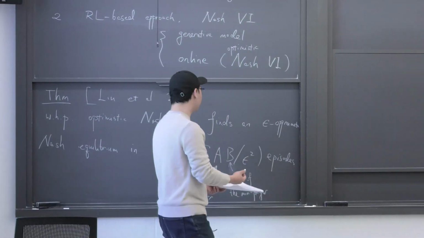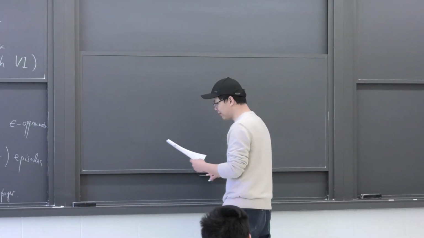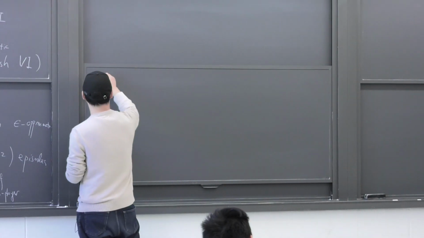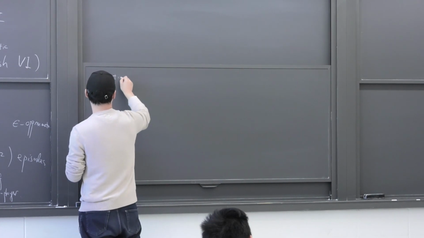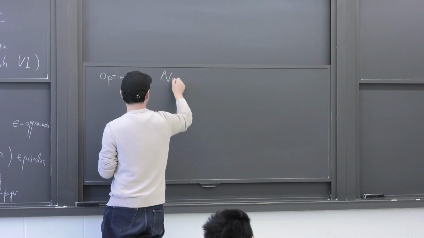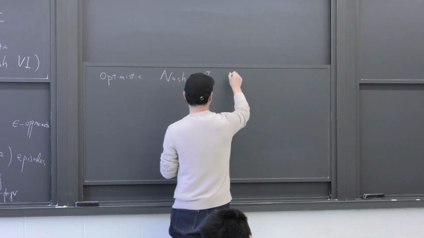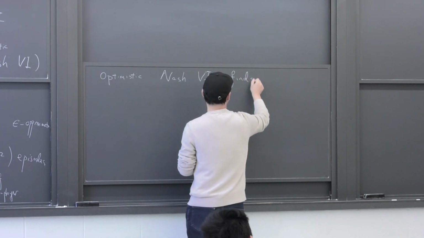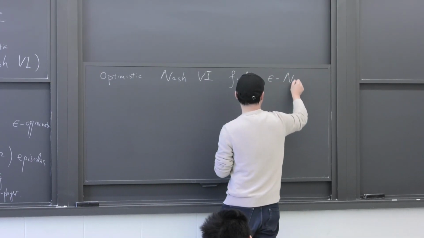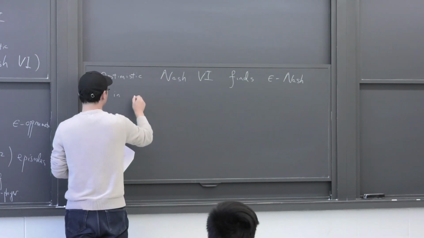And the most important thing here is that once we resort to this reinforcement learning based algorithm, we can actually conclude that optimistic Nash value iteration is able to find an epsilon approximate Nash equilibrium in polynomial time and samples.